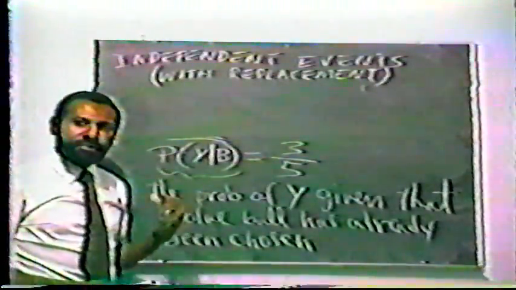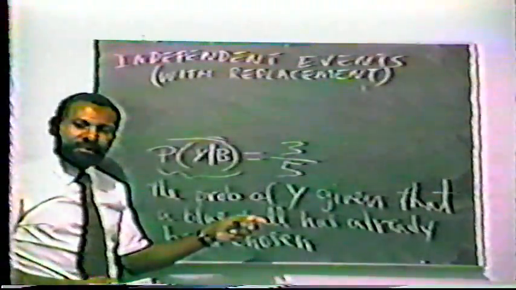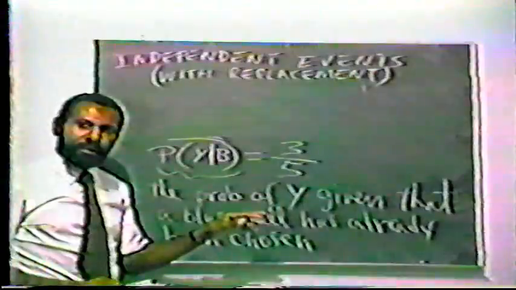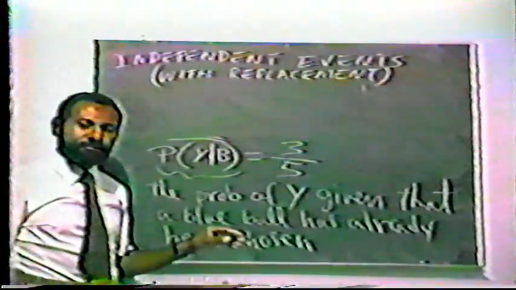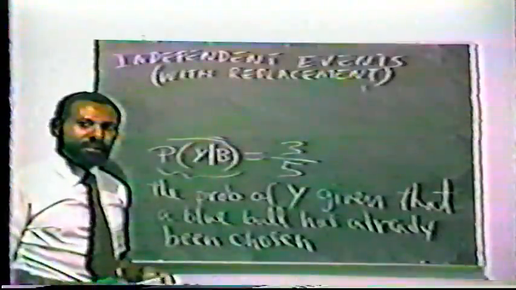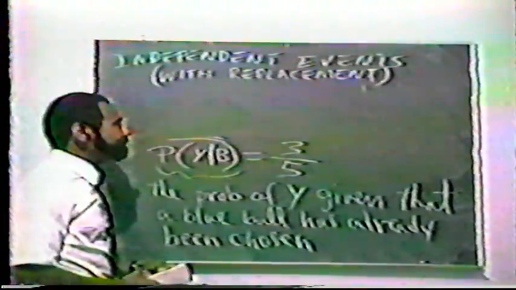The first ball that you take out, once you take it out and look at it, you place it back in the container, and that ball has another chance of being selected on the second trial, the third trial, and so on. Each time you take it out, you put it back in.